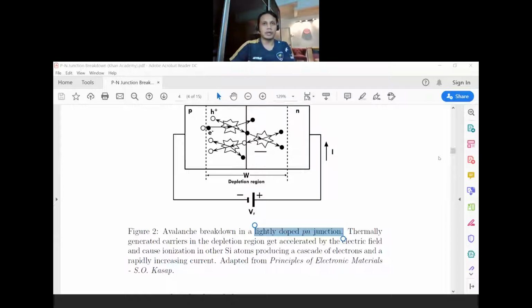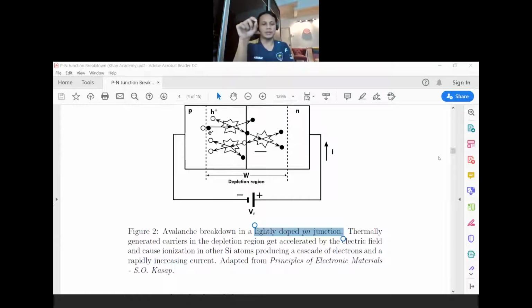So you're going to have eventually two electrons: the first one is the free electron, the second one is the valence electron from the newly knocked atom, and then these two electrons will knock another two, and then you're going to have four.